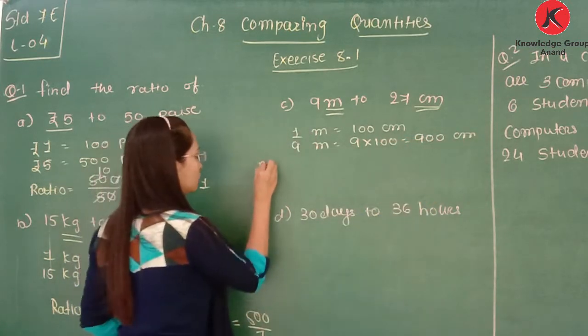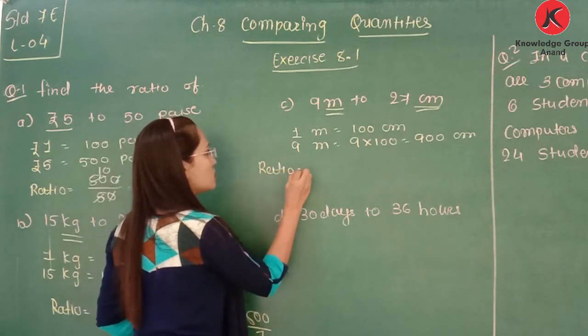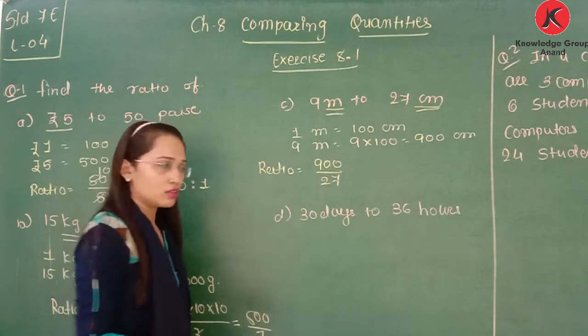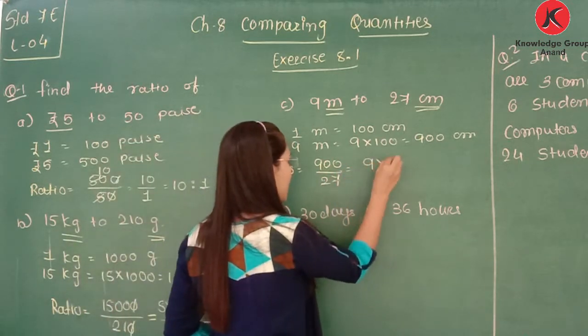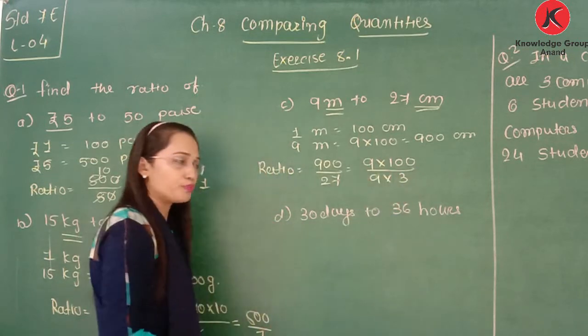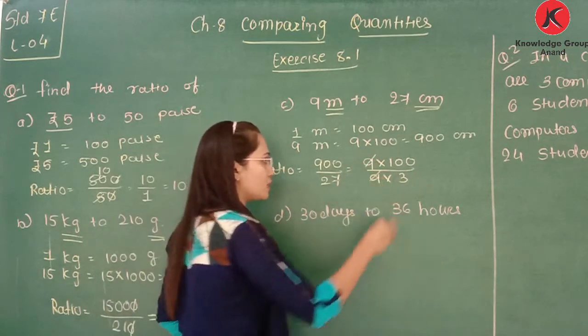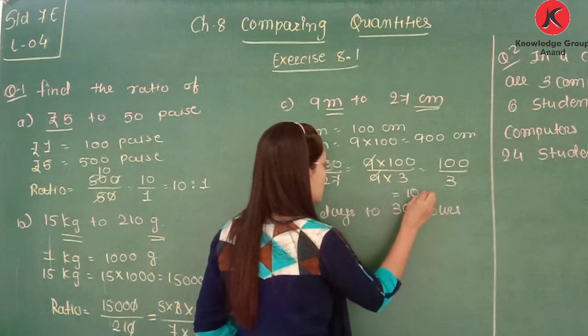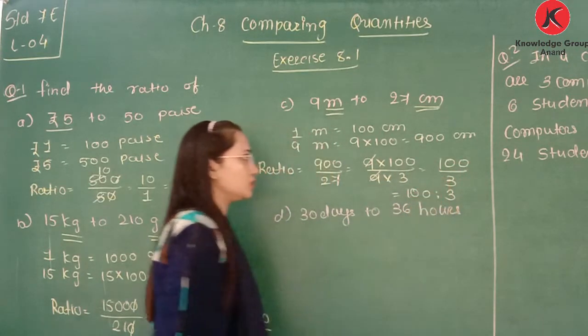So the ratio is equal to 900 divided by 27. Now we factorize this, 9 multiplied by 100, 9 threes are 27. So 9 is a common factor, remaining 100 divided by 3, so the ratio is 100 is to 3.